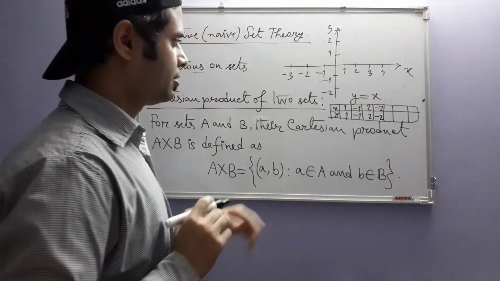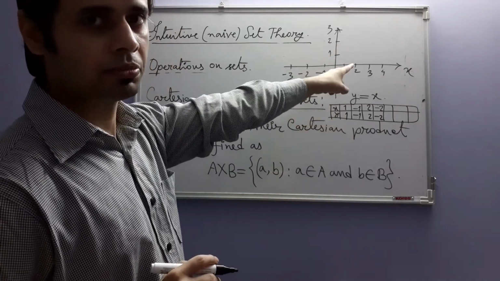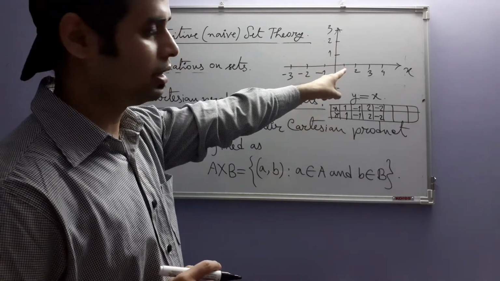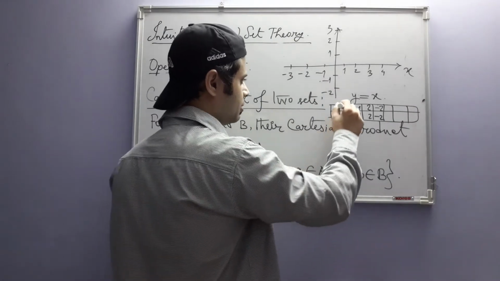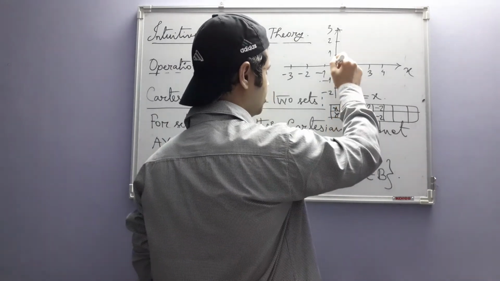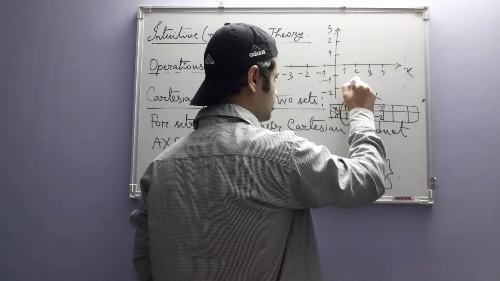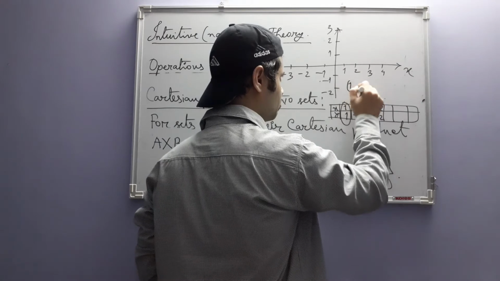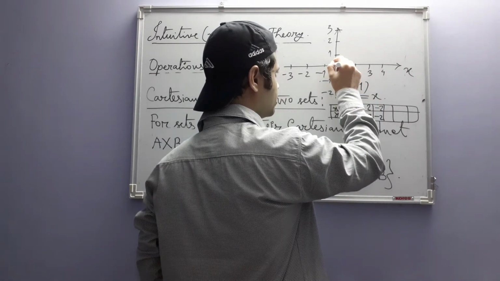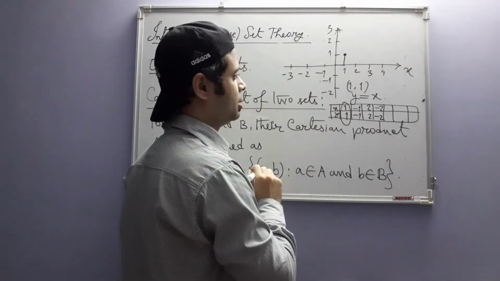So after that, what we have done, we have put points on the graph paper, points on the plane of the graph paper by considering their x coordinate and y coordinate. We read off the x coordinate, what is this point? Its x coordinate is 1 and y coordinate is 1. So we do like this, 1 along by 1. So this is my point, 1 comma 1.